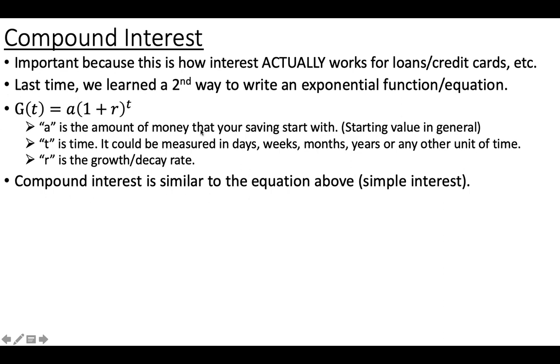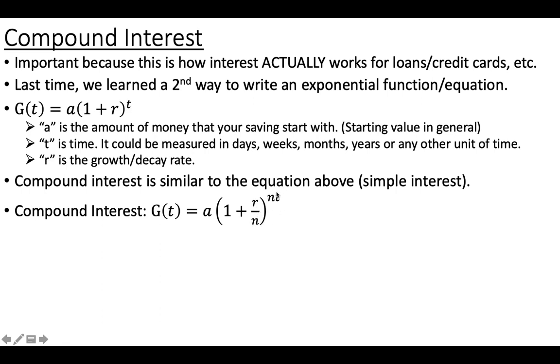Okay? So compound interest is very similar to this equation that we just talked about. This actually has its own name. It's called simple interest. This one right here is simple interest. The compound interest equation does look similar. We still start with an A, and then we have a parenthesis, and then we have a 1 plus something, and then we still have an R, but it's a little bit different. Instead of just R, now we have R divided by N. And then in the exponent spot, it's almost the same.